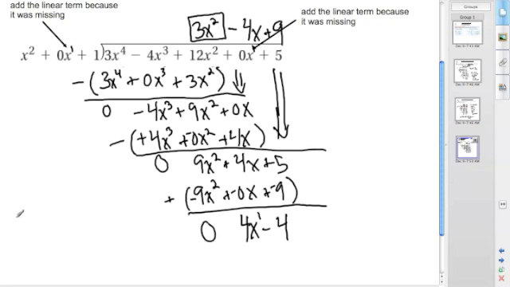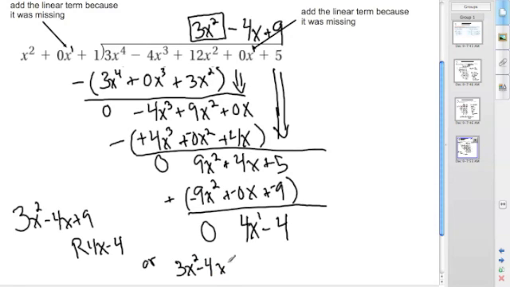So our answer, you can rewrite it as 3x squared minus 4x plus 9 with a remainder of 4x minus 4. Or 3x squared minus 4x plus 9 plus 4x minus 4 all over x squared plus 1.